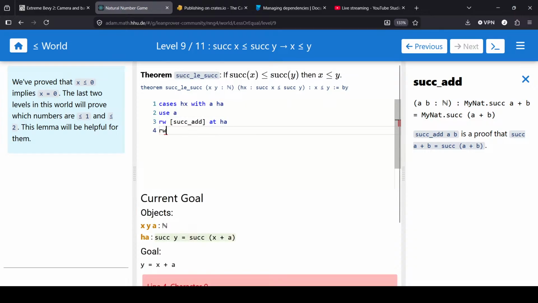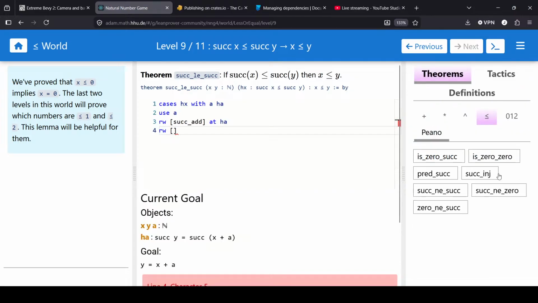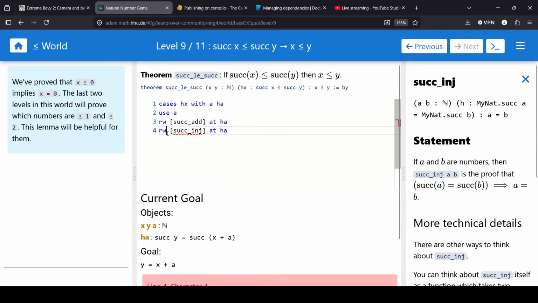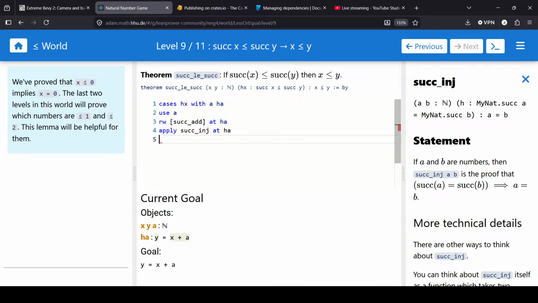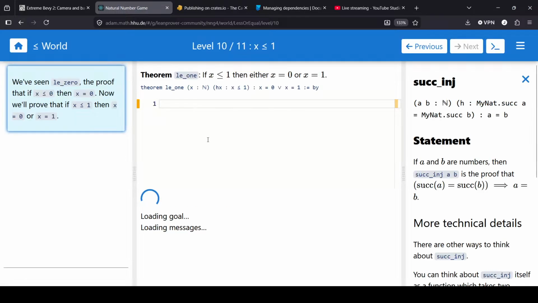Now I can rewrite. What is it called? Succ inj... Or no? Oh no, great, because it's not a rewrite. I would have to apply it. There we go, and now I can just exact. There we go. And there's their proof, and it's exactly the same as mine. Okay.